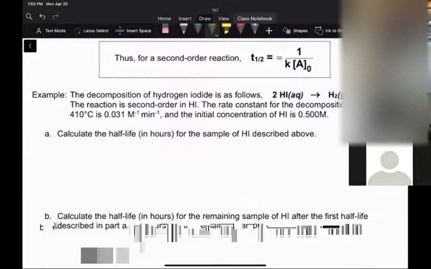So we have the k, and we have the initial concentration, right? So just plug and chug.